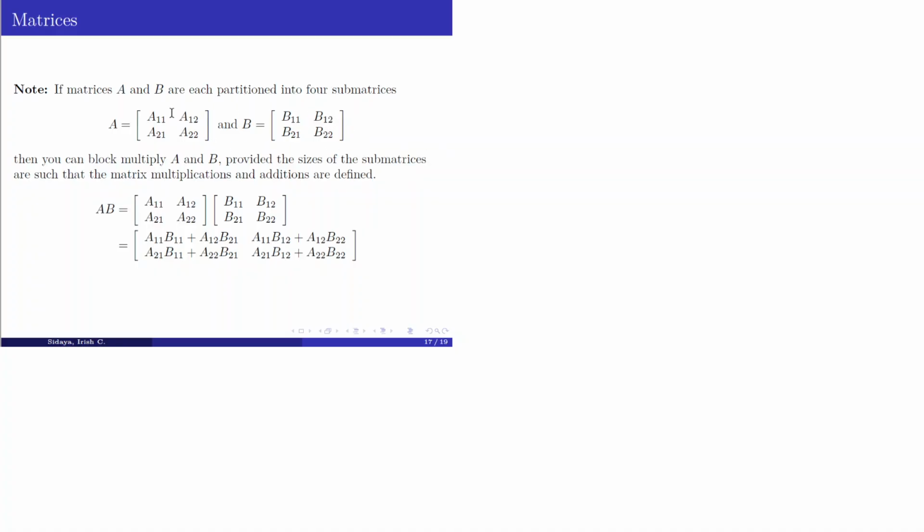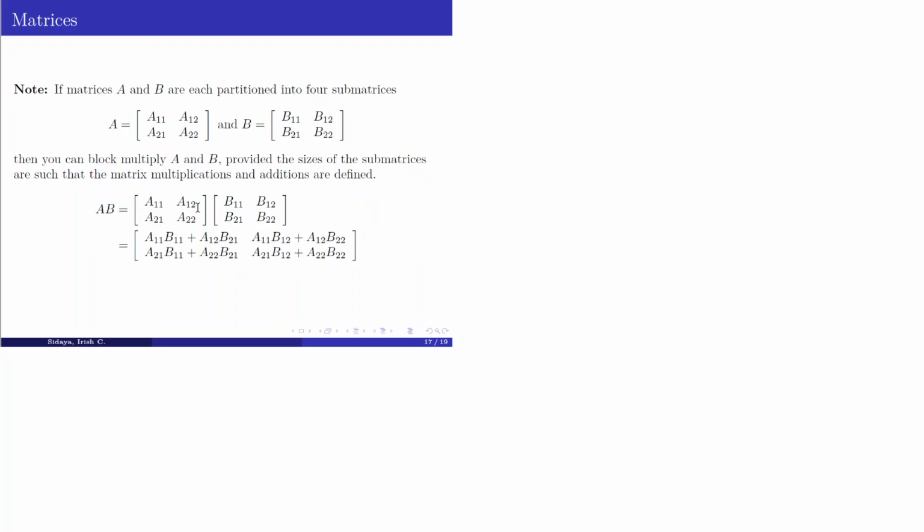Then we can block multiply A and B, provided that the sizes of these sub-matrices are such that the matrix multiplications and additions are defined. So the product AB is equal to A11 times B11 plus A12 times B21, and so on.